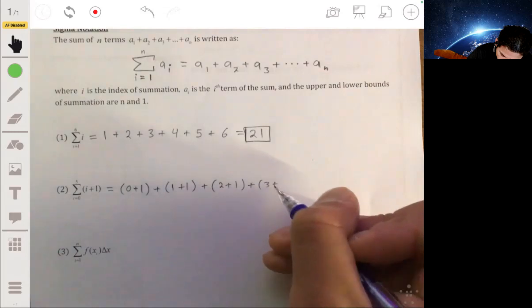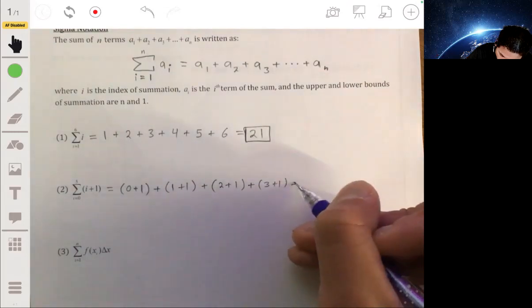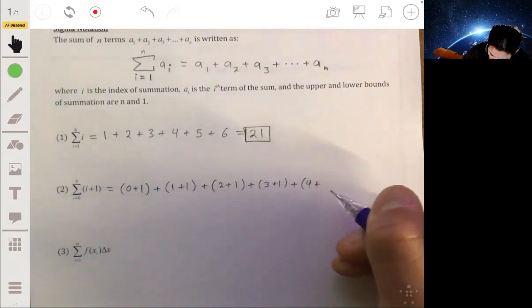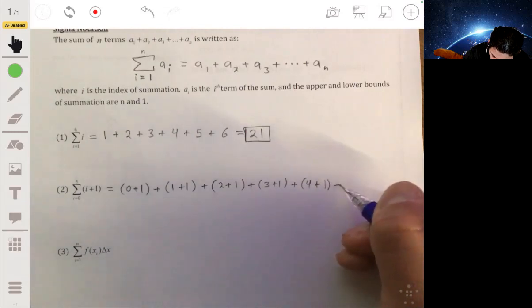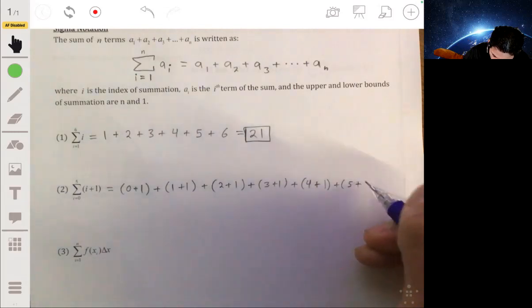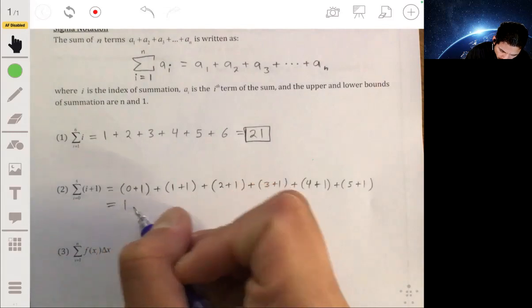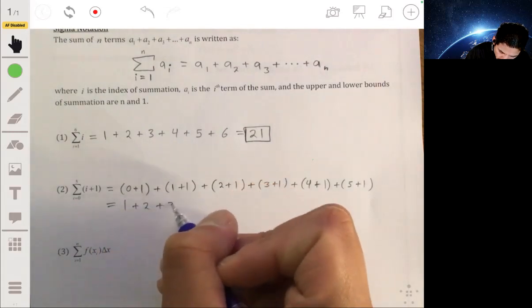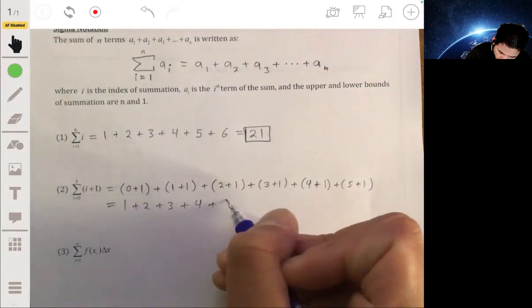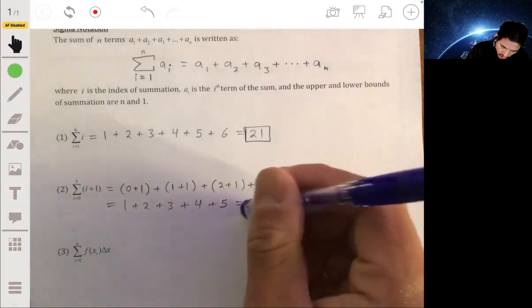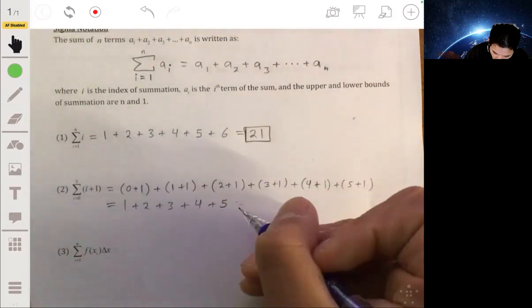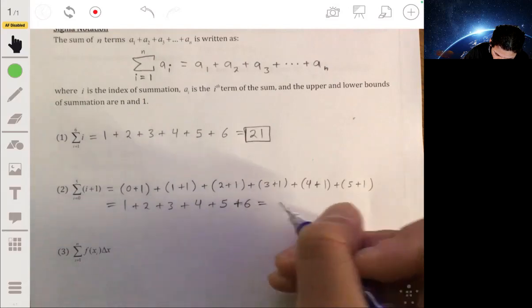Then 3 plus 1. Then 4 plus 1. Plus 5 plus 1. So again, you're adding 1 plus 2 plus 3 plus 4 plus 5 plus 6, and so we get 21 again.